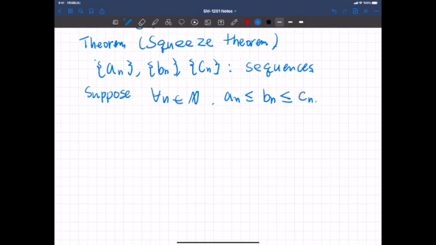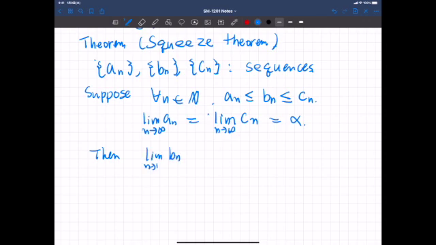And also, we assume that a_n converges and c_n converges. So both converge to the same value, alpha. Okay? Then the limit of b_n is also this same alpha.